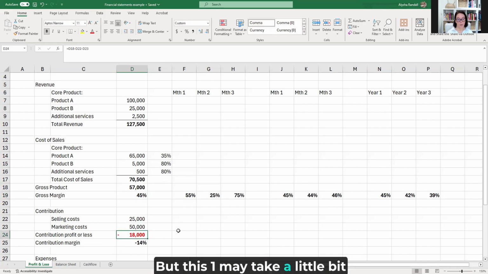But this one might take a little bit more time because you are trying to grow brand awareness. You are trying to get your new customers who then become repeat customers. And obviously when you have repeat customers, you don't have to spend marketing to get them to come back. Not much anyway. And so it's very common for the first few years of a business, particularly one that is in the fast growth area and has investment, you will see this situation.